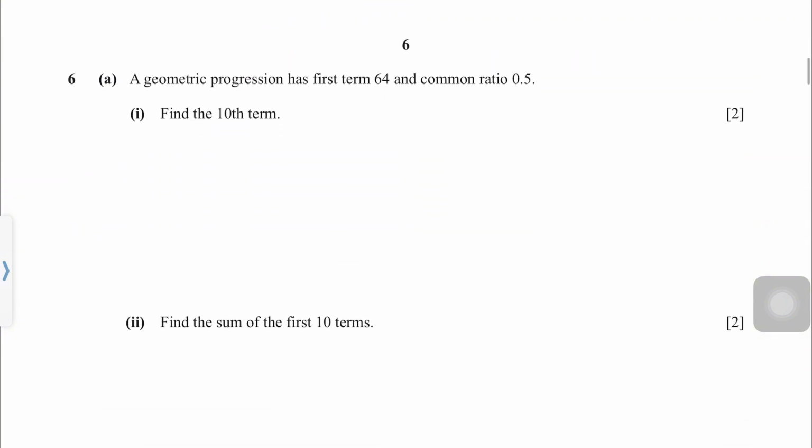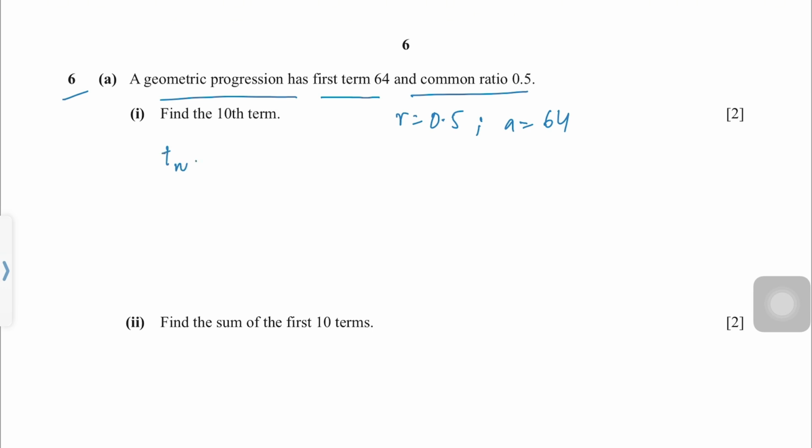Now moving on, this is our question 6, I guess. Yes. A geometric progression has first term 64 and common ratio as 0.5. So r is given as 0.5 and a is given as 64. We have to calculate the 10th term.